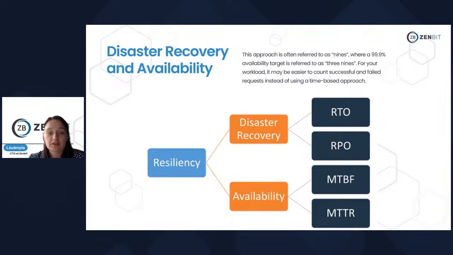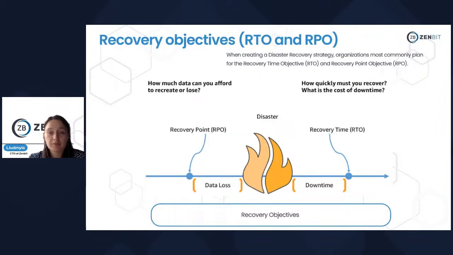And let's look a little bit at these abbreviations. The first two are for disaster recovery. First is RTO, which means recovery time objective, and RPO, which means recovery point objective.